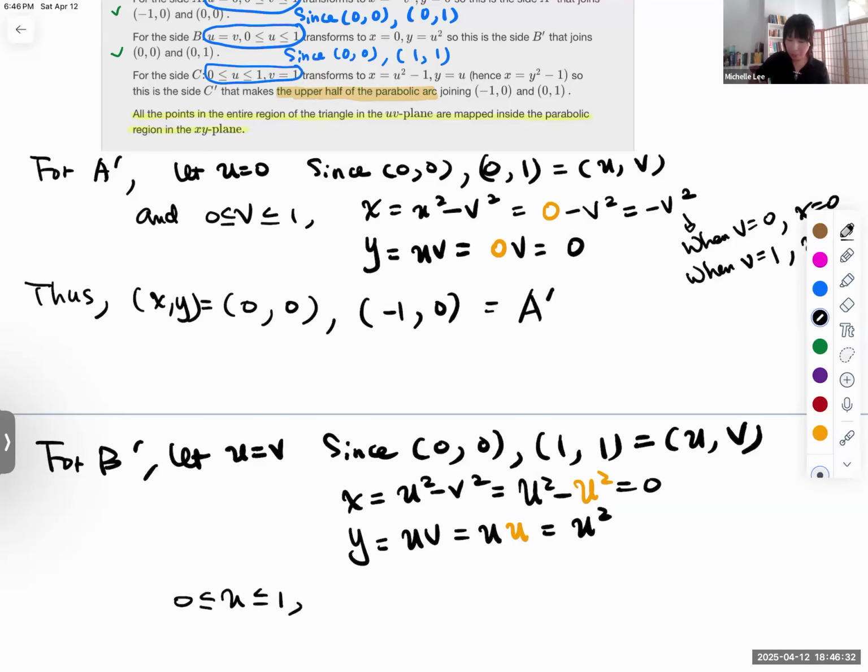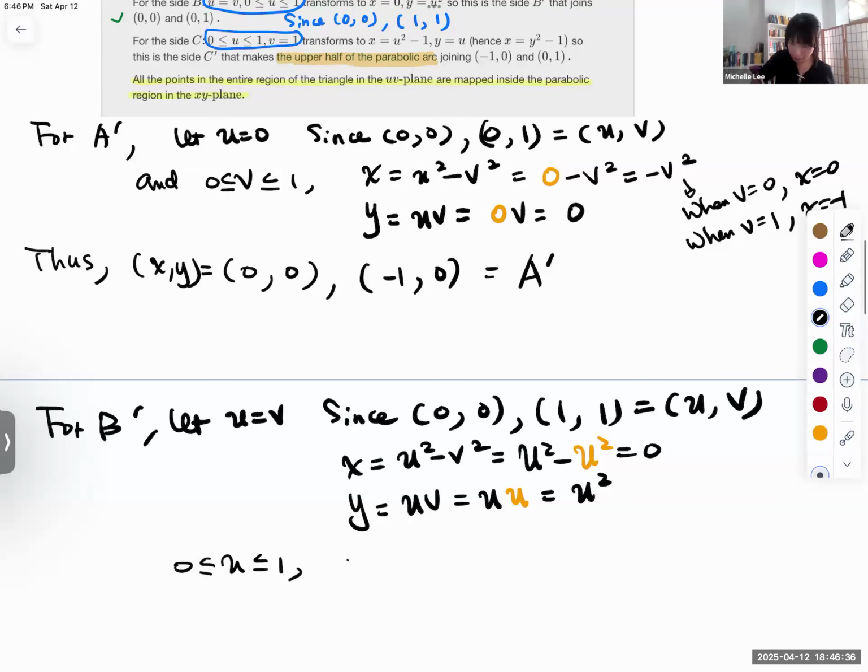All right, now we can apply that when x equal to 0, then y equal to u squared, where u is between 0 and 1. Make sense? And x equal to 0, then we can say that this is y actually, right? But u has 1, right?